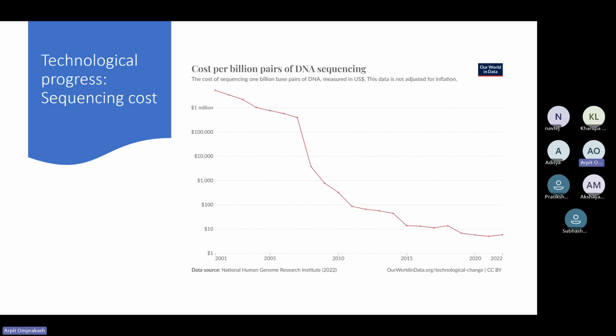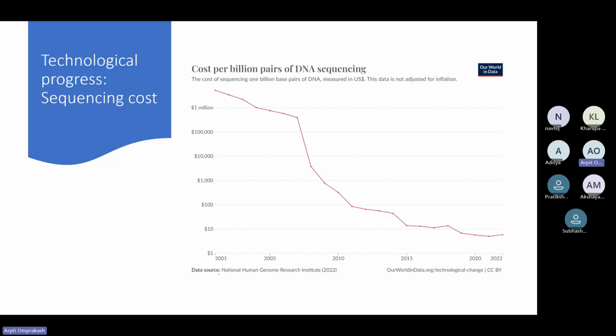For example, in biology, we can see that the cost of DNA sequencing is getting cheaper. That is because DNA sequencing is getting more and more advanced and easier to carry out, because we are developing better technology. That's why it costs less now compared to before.